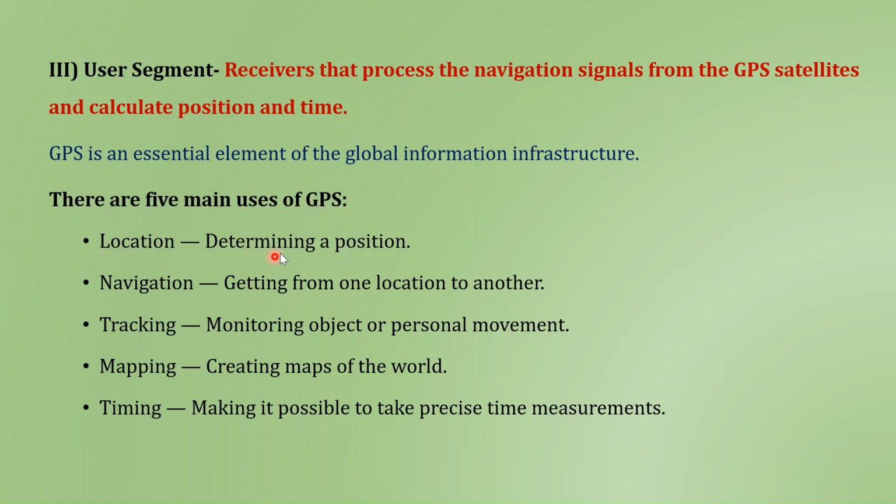First, to determine a position, that comes under location. Then we have navigation, which is getting from one location to another. Then tracking, that is monitoring the object or personal movement. Then we have mapping, which includes creating the maps of the world. And last is timing, that is making it possible to make precise time measurements.